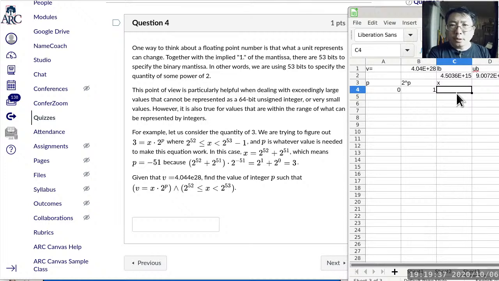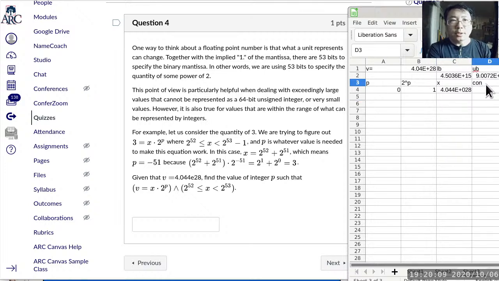So this x is going to be v, which is this value over here, divided by 2 to the power of p, which is this value over here. But once again, we have to use a $ sign, because I don't want the pasted version of this formula to change the row reference. So we have to lock the row reference by using a $ sign. And then we can check whether the constraint is satisfied or not.